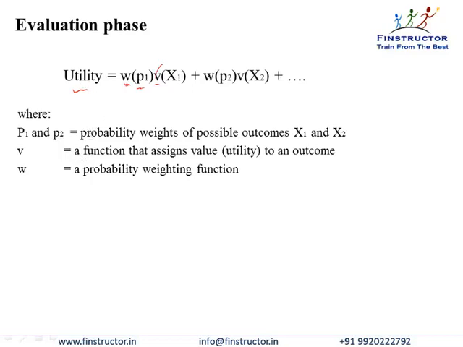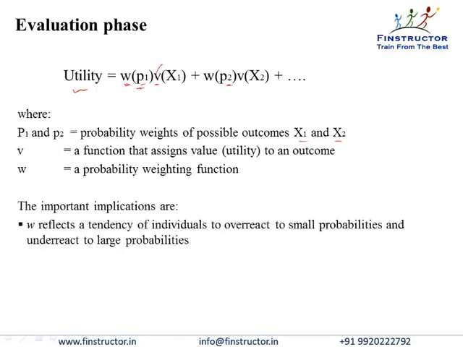P1 and P2 are the probability weights of the outcomes x1 and x2 that came from editing. V is the function that assigns a utility to an outcome, and W is a probability weighting function, that is, even these traditional probabilities can be increased or decreased subjectively by the investors. So the implications are that W reflects a tendency of individuals to overreact to small probabilities and underreact to large probabilities.